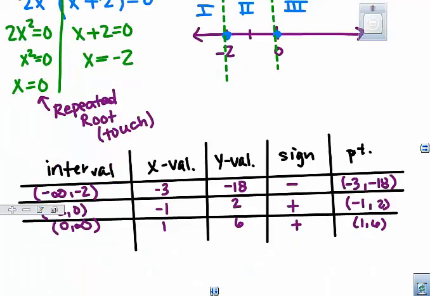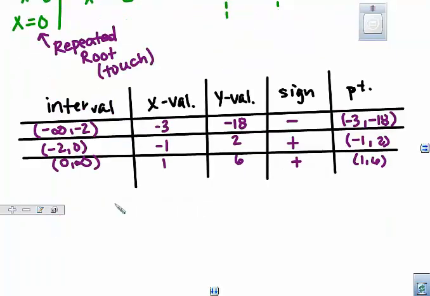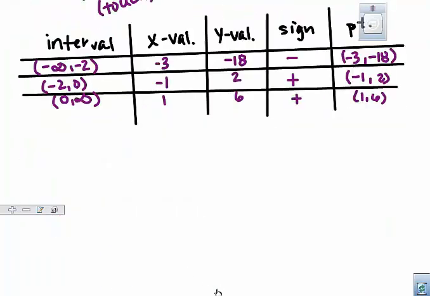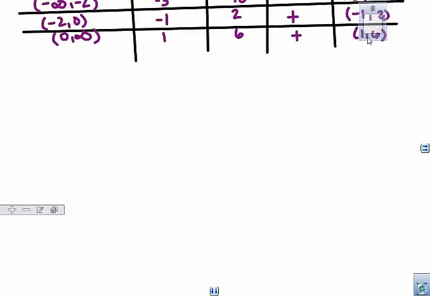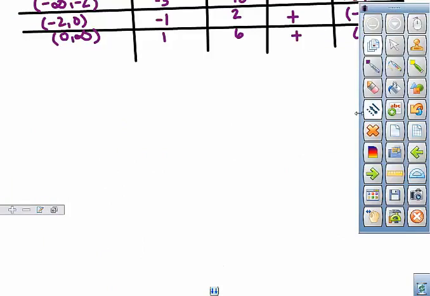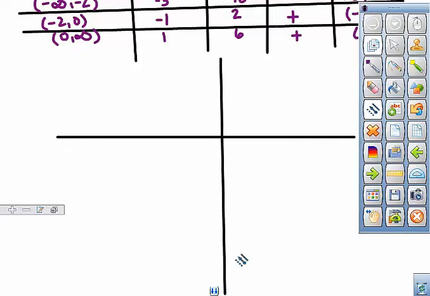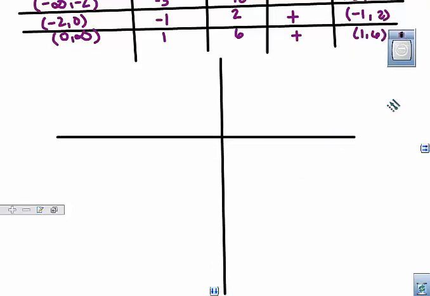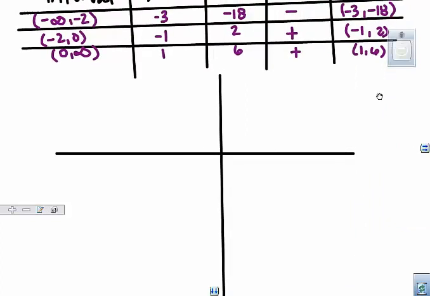Okay, so now we can plot those points and our zeros to have a graph of our polynomial. Okay, on this one, I have to go all the way down to negative 18.